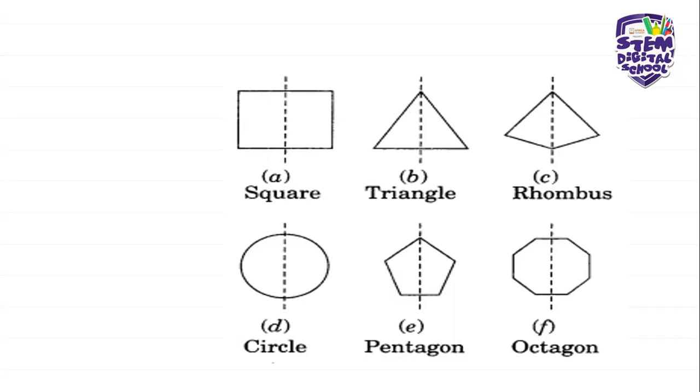The same goes for the circle. As you can see, we've drawn the line of symmetry in the circle. We've also drawn the line of symmetry in the pentagon. And of course, the octagon as well. Remember that an octagon is an 8-sided figure.